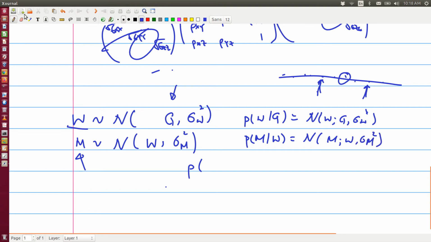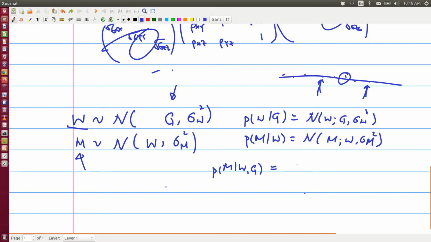Then if we have a MAP estimation, if we compute the posterior, it will be the product of that. The posterior will be proportional to, or maybe I just write a constant multiplied by P of W given pi, P of M given W, right? If I multiply these two guys, it will be P. Let me write the whole thing out.